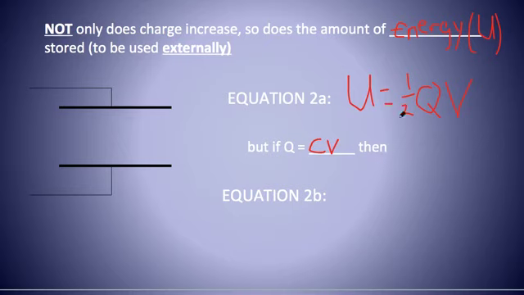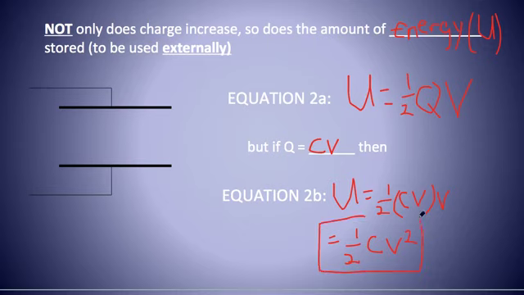So then if we substitute that in for Q, we see that U equals 1/2 C times V, that's our Q value, times V, and of course that's 1/2 CV squared.